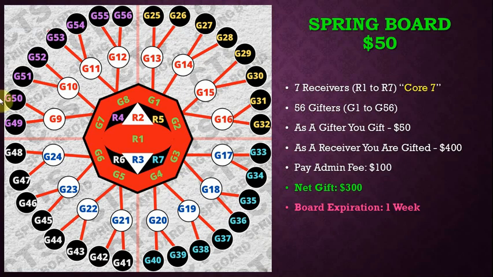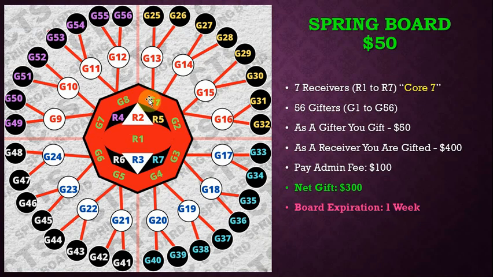Alright, so we have R1 to R7, R1, 2, 3, 4, 5, 6, and 7. This is what we call the core 7, and these are the 7 receivers. These are the people that would be receiving gifts on this particular board. And the G's are the gifters. So R for receivers, G for gifter.